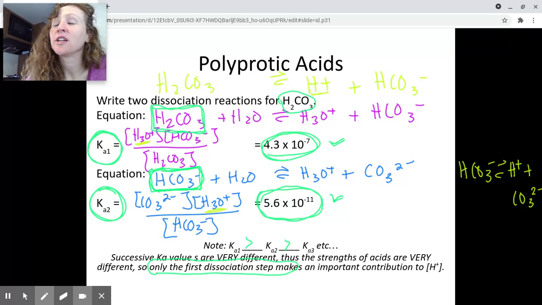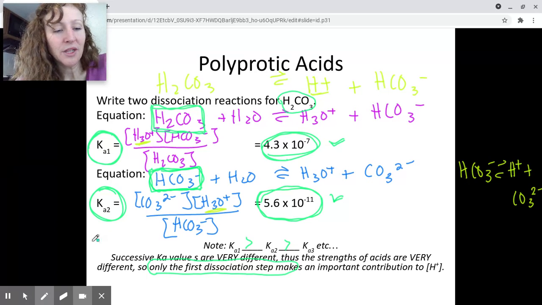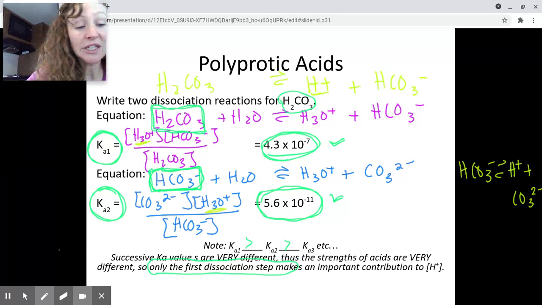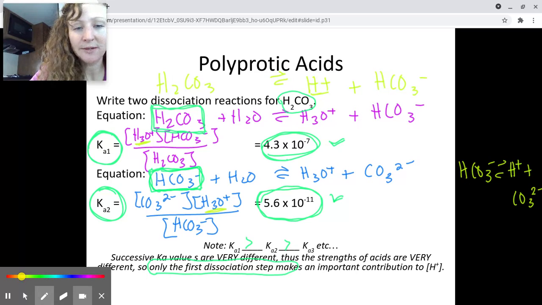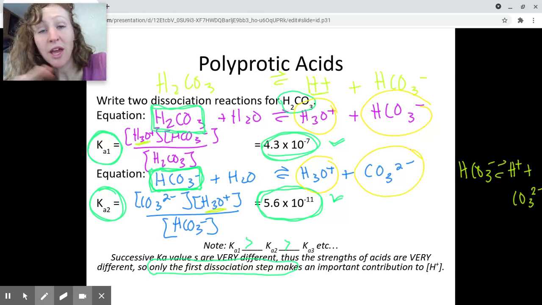Now, if you're looking for ion concentrations, it's a different story, and you do have to deal with some of these. Now, figuring out what all the concentrations of the ions are, I mean, look at how many different ions we're dealing with, right? We have our H plus ion, we have HCO3-, we have H plus again, we have CO3 2-, we have a bunch of different ions.